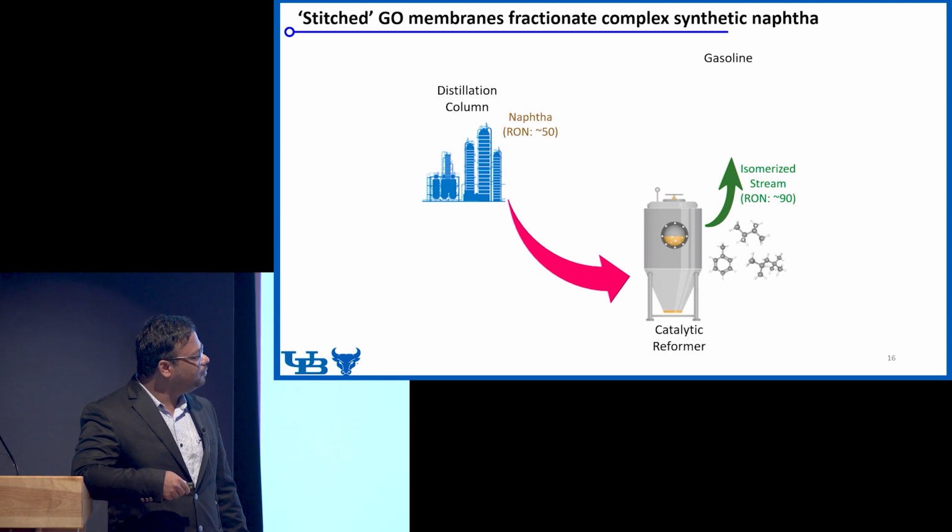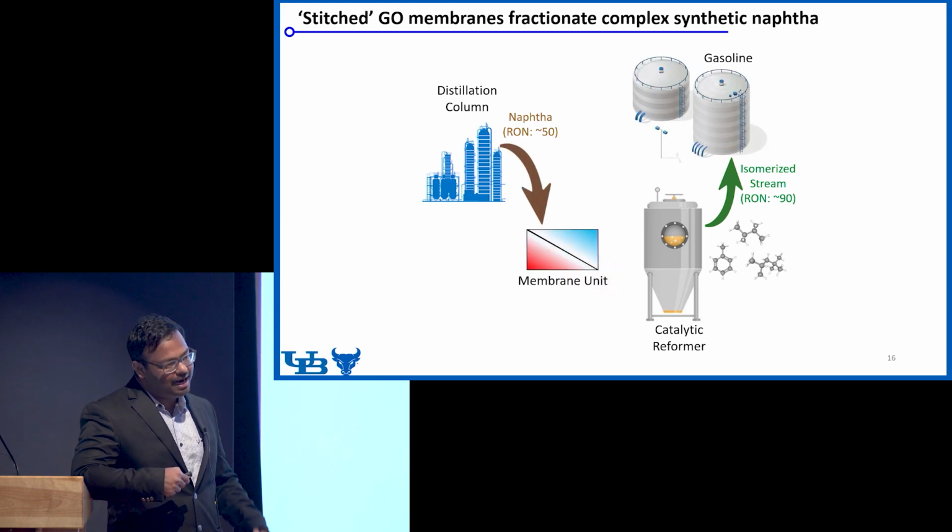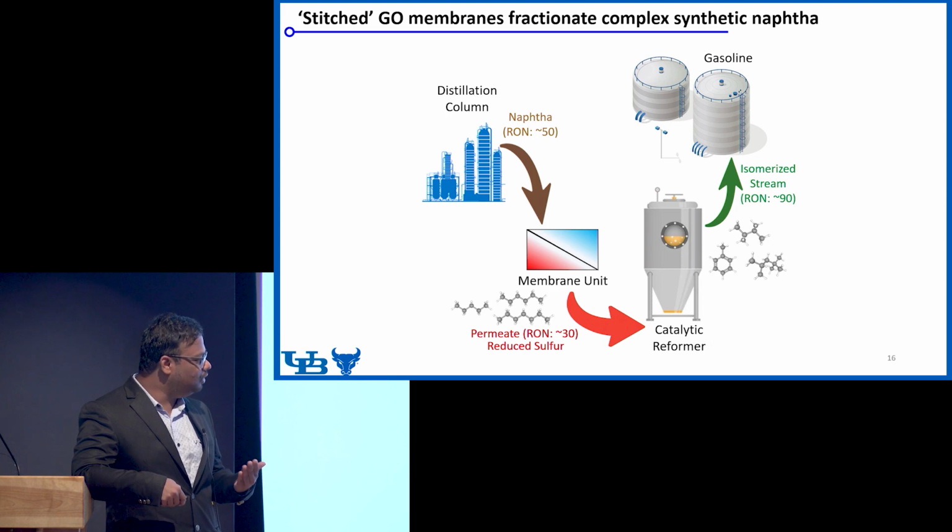But what we propose is that we would take this light naphtha, the top product of the distillation column, into a membrane unit using our stitched graphene oxide. So this membrane would permeate the smaller hydrocarbons through it, and these smaller hydrocarbons usually have a low octane number, and we will feed only this fraction into the catalytic converter.